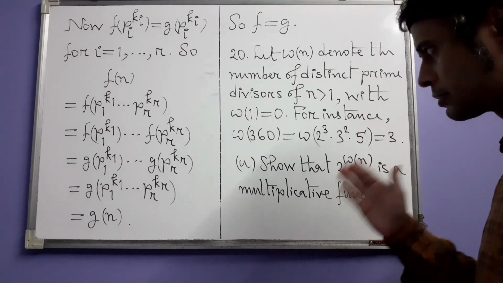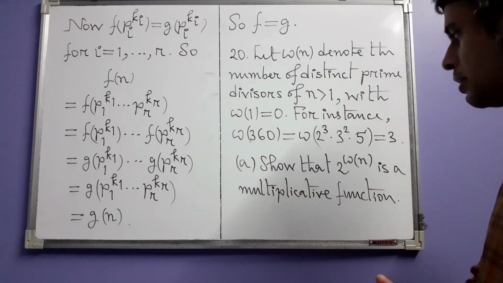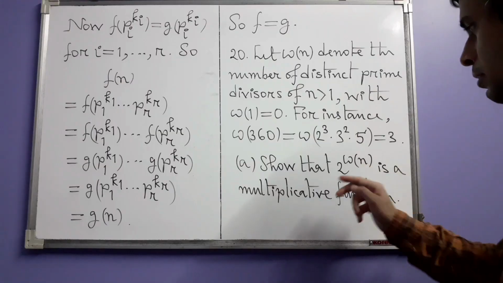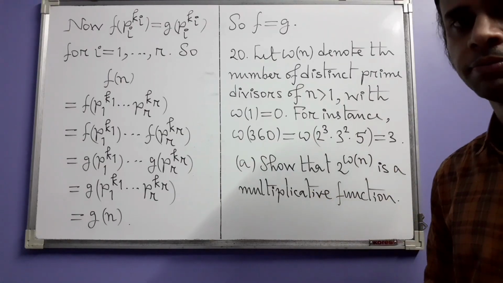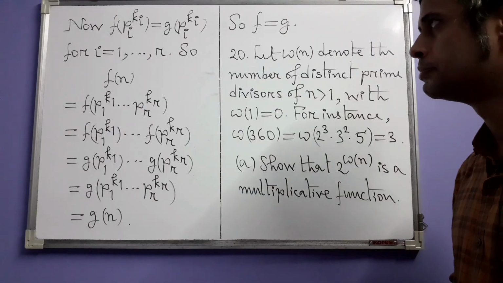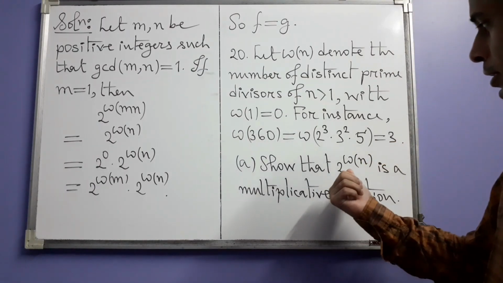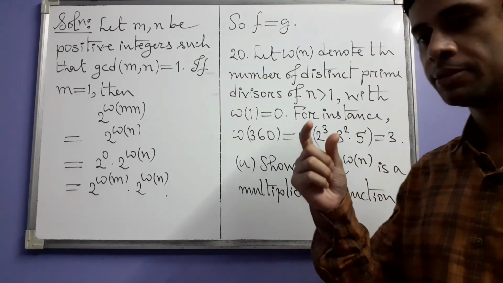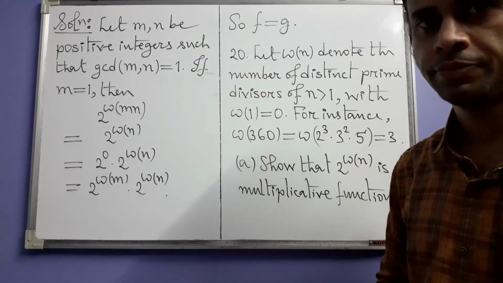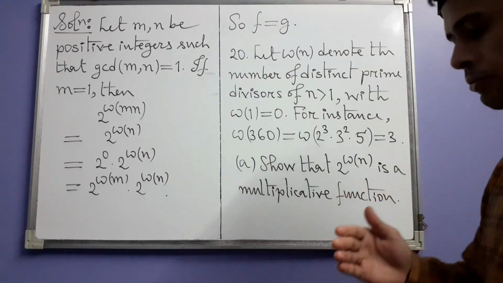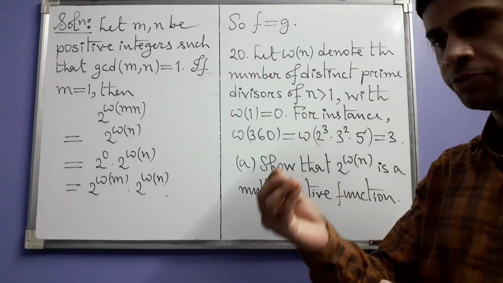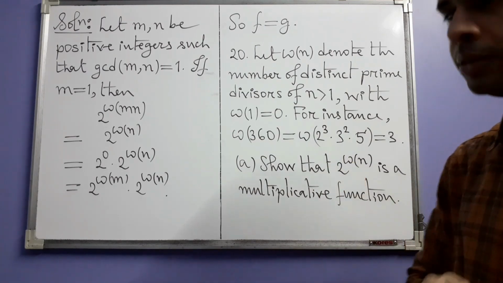And this exercise has two parts. This is part A. We have to first of all show that 2 to the power omega of n is a multiplicative function. So let us first solve this and then we will see part B. To prove that this function is multiplicative, we have to take two relatively prime positive integers, say m and n, and then prove that the function value of mn, the product, is equal to the function value of m times the function value of n.